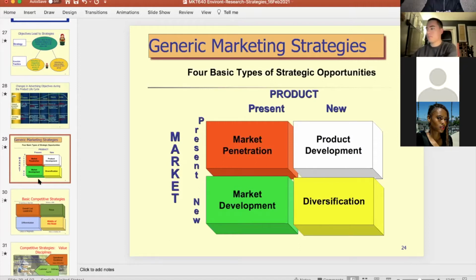Running targeted ads to people that have already clicked on your stuff, as well as sending email blasts to people who have already purchased your products. That's right. So you increase your communication.